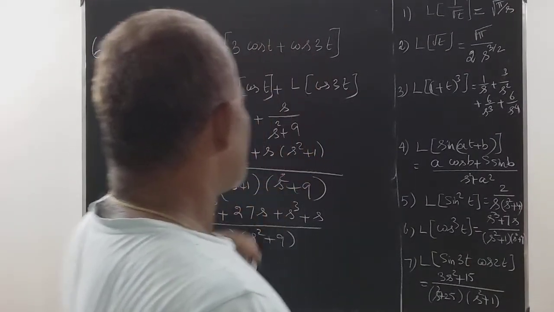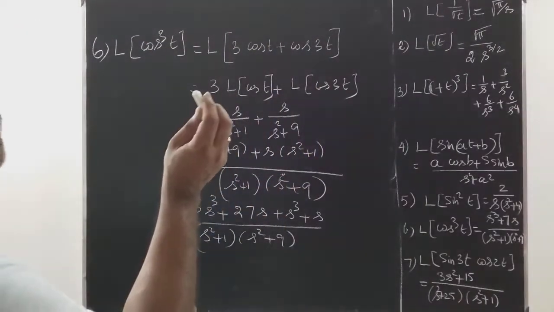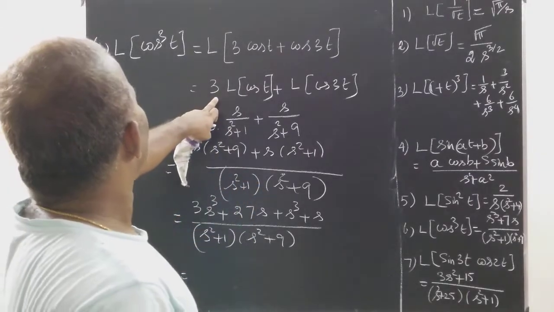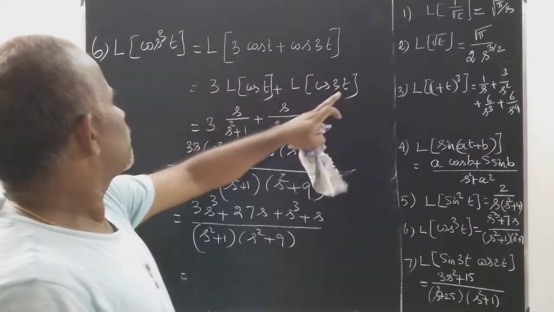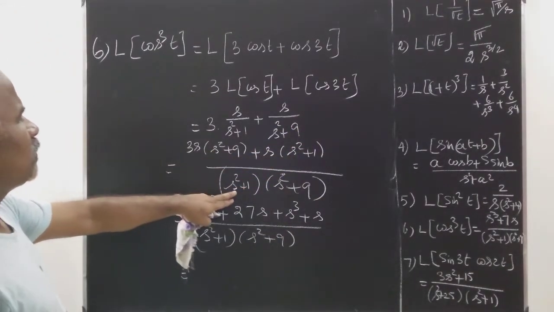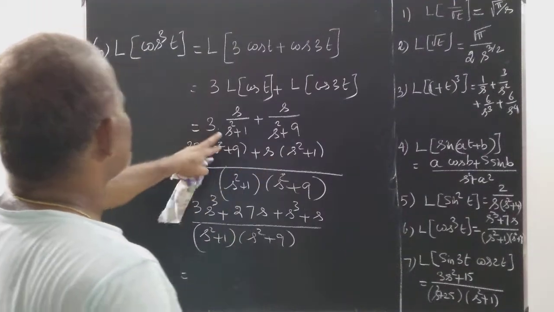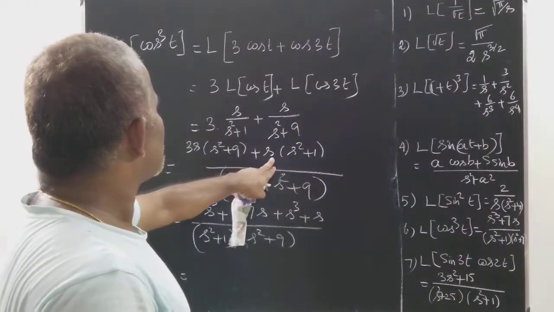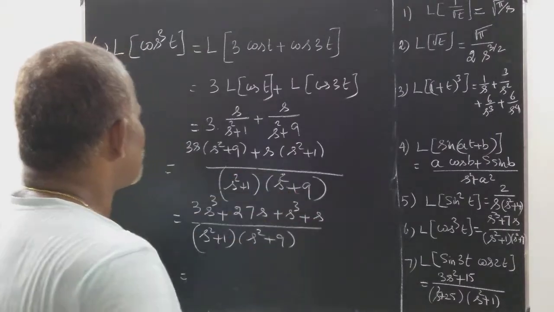So therefore cos cube t is equal to 3 cos t, s divided by s square plus 9. Okay, this is right, this is also right. So therefore 3s divided by s square plus 1 into s square plus 9. So therefore 3s into s square plus 9 plus s times s square plus 1.